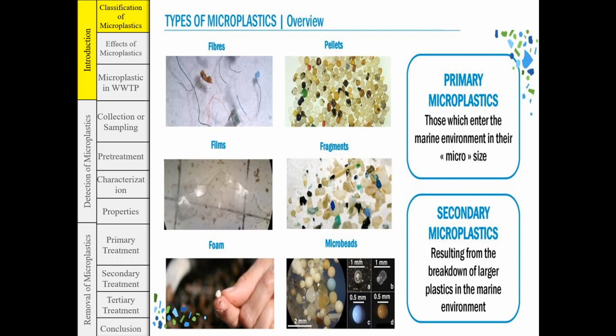The microplastic size range is less than 5 mm, but microbeads are much smaller. These microbeads can be manufactured from polyethylene or certain petrochemical plastic products. That is the source of microbeads.